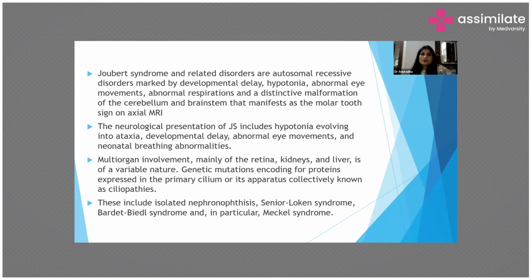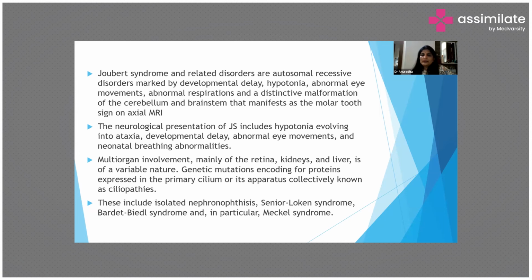Now, what is the word about Joubert syndrome? These are related disorders, autosomal recessive. It is characterized by developmental delay, hypotonia, abnormal eye movements, abnormal respiration, distinctive malformation of the cerebellum and brainstem that manifests as molar tooth appearance in the axial MRI, which is classically suggestive of Joubert syndrome. Neurological presentation of Joubert syndrome is hypotonia, ataxia, developmental delay, abnormal eye movements, and breathing problems.